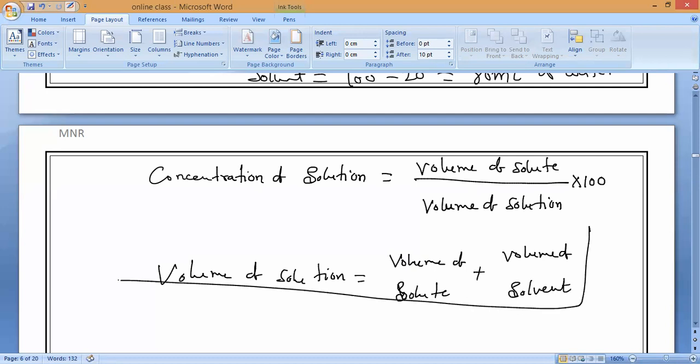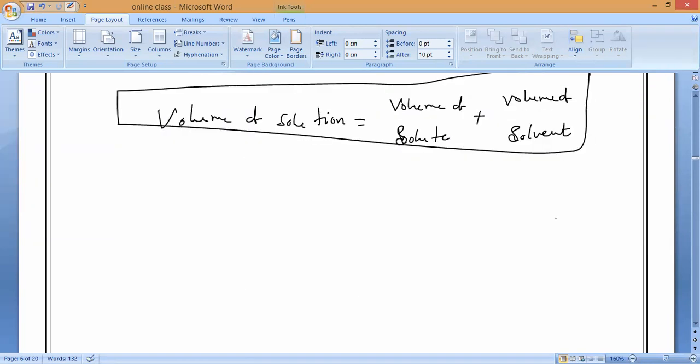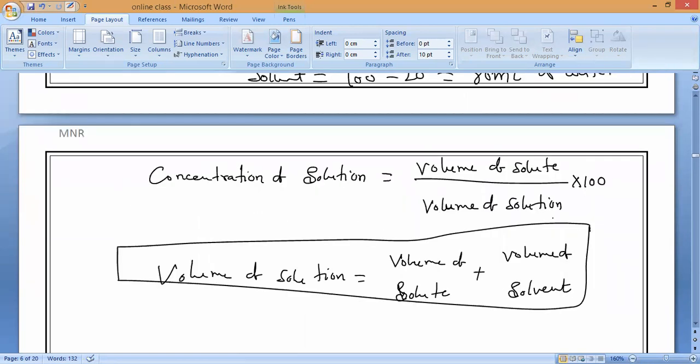Very good. So only one word is changing in this formula: mass here and volume there. Other than that, no other changes take place. Is it okay, everyone? Yes, sir.